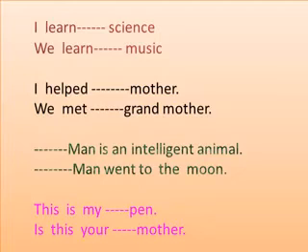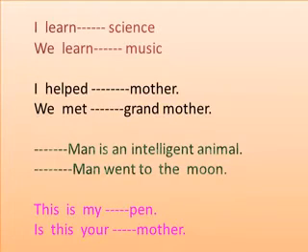And look at the next example. This is my pen. There we don't use "the". We never say this is my the pen or this is the my pen. We don't say like that, because we don't use articles before or after a pronoun. My is a pronoun.